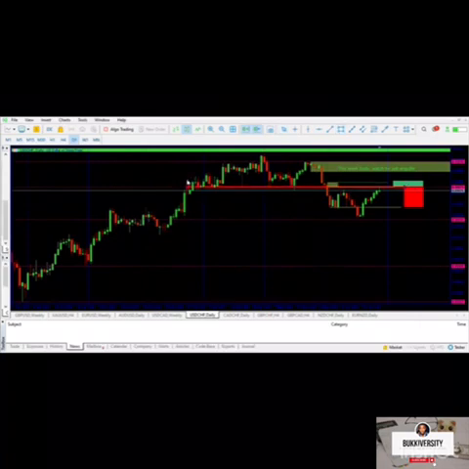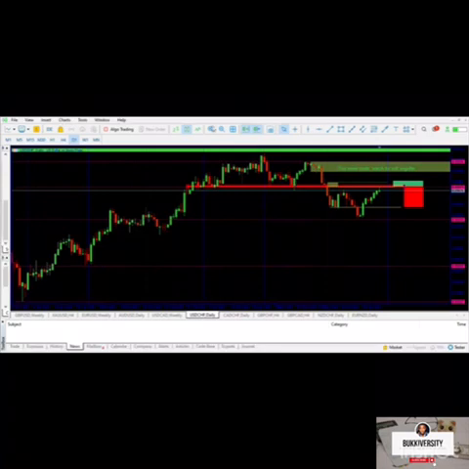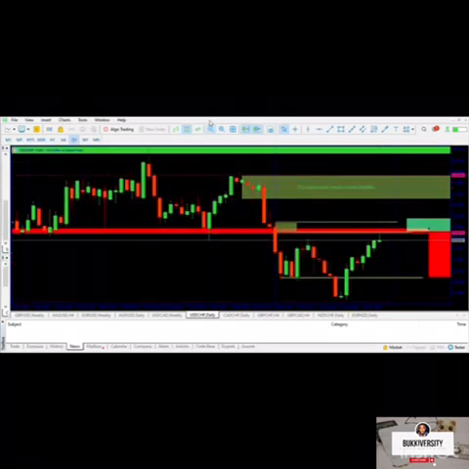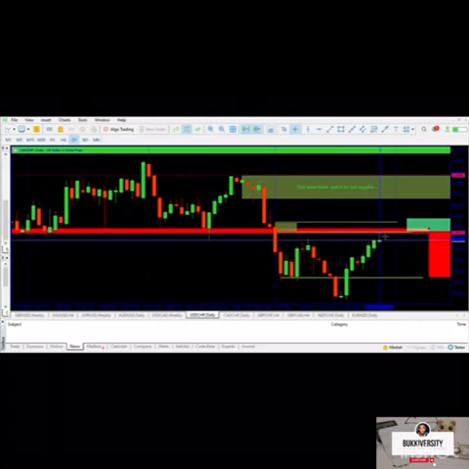If you look at this level, you see that this is a very strong level. If price gets here it will possibly reject that level. Look at it, price has already gotten there. Watch the green candle. It's as if it touched there and it's rejected. It's coming down kind of, but it's a green candle, so we're not expecting a drop immediately.